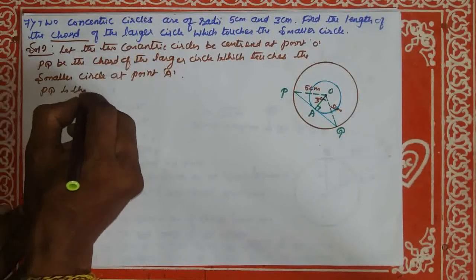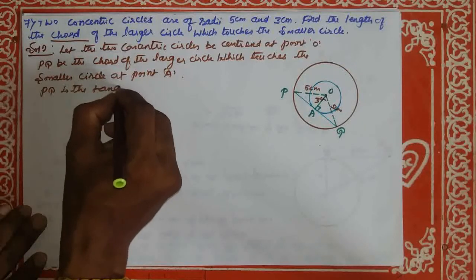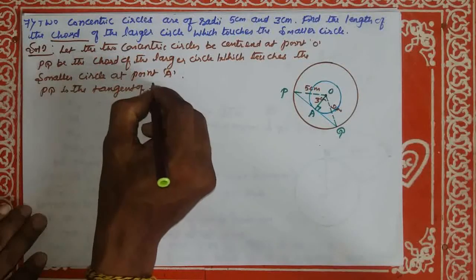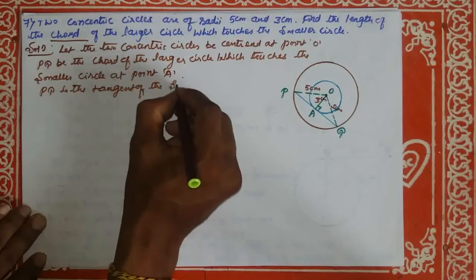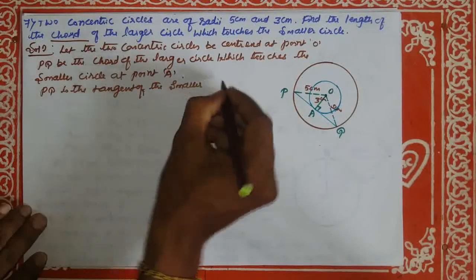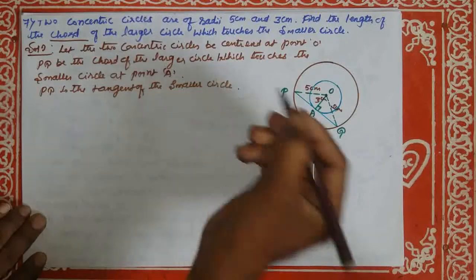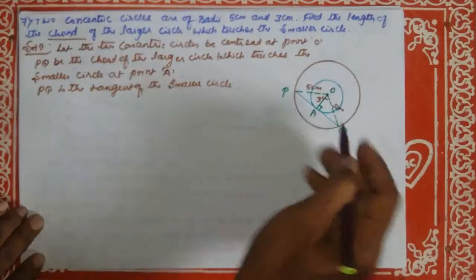PQ is the tangent of the smaller circle. See, here OA is perpendicular to PQ.